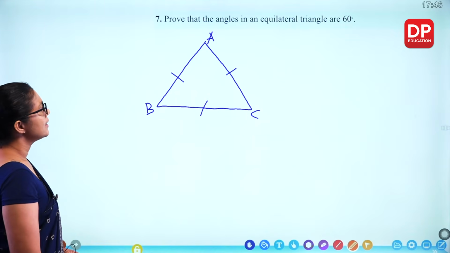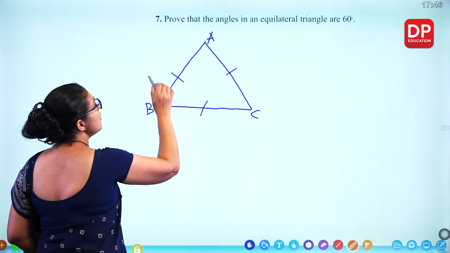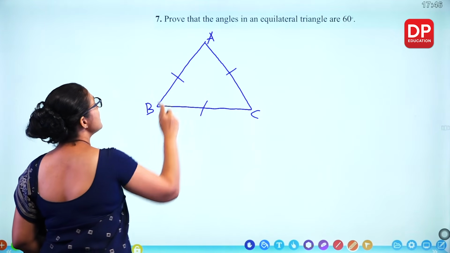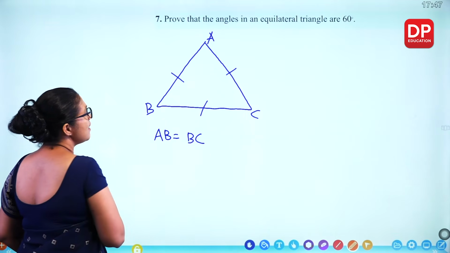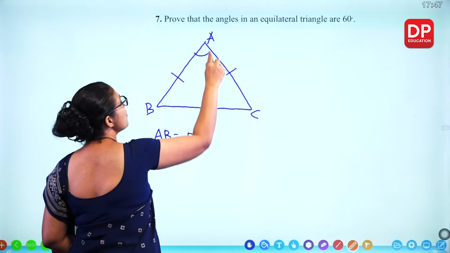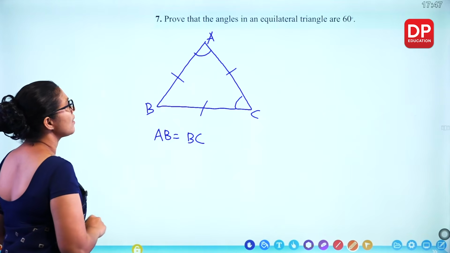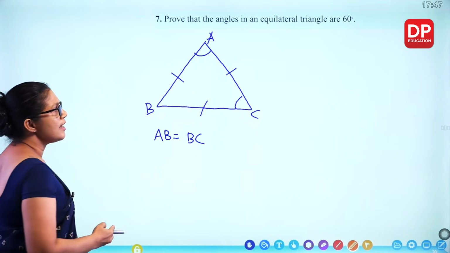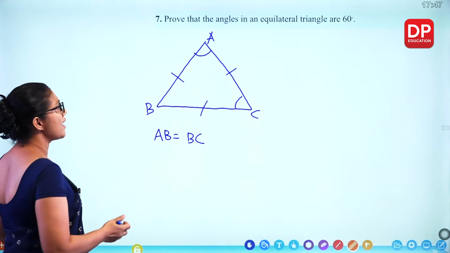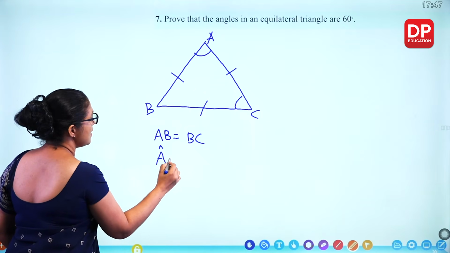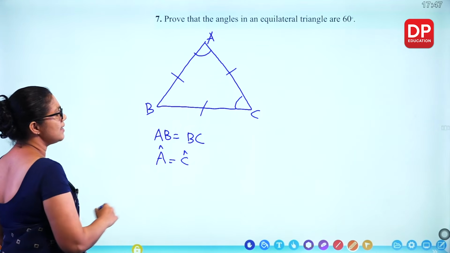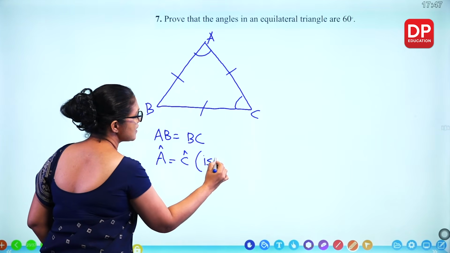If this side, AB is equal to BC, what can you say about these two angles? These two angles are equal according to isosceles triangle. So we can write A is equal to C angle because of isosceles.